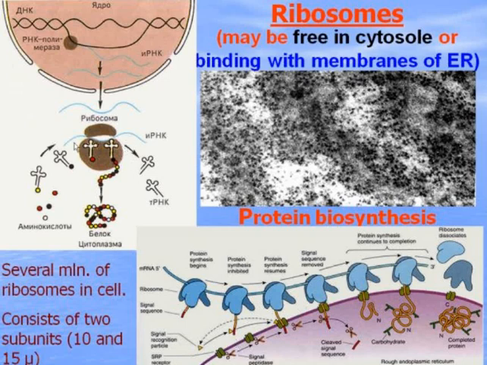Free ribosomes produce proteins for the cell itself. Bound ribosomes produce proteins which enter the lumen of the canals of the endoplasmic reticulum and go to the Golgi complex for export. And there are several million ribosomes in a cell.